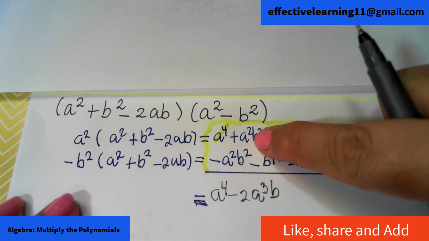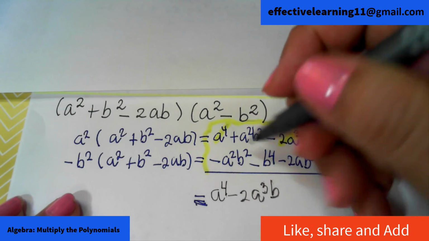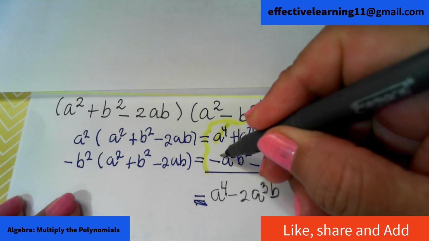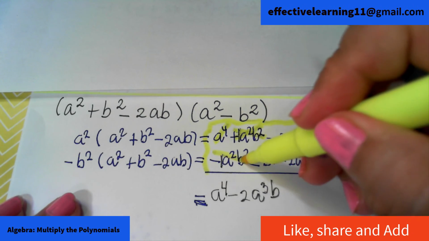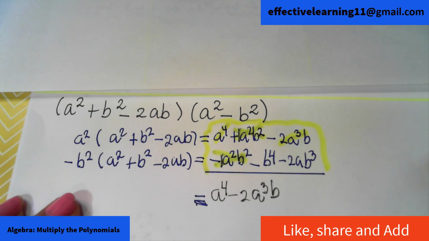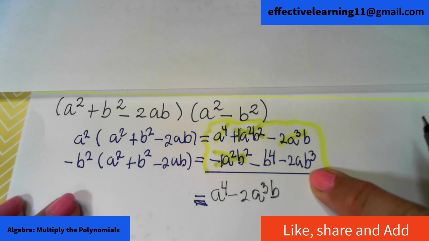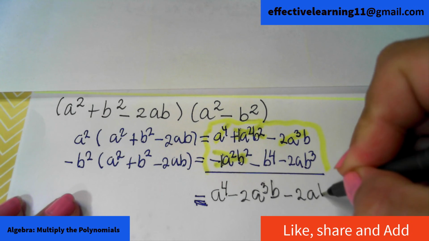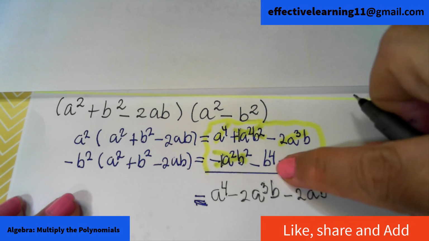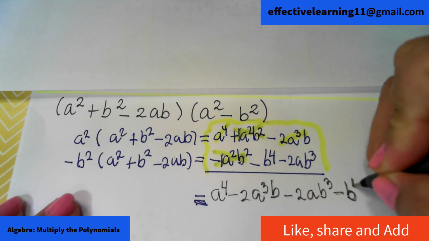Here we have a squared b squared and negative a squared b squared. Remember, plus 1 and negative 1 is 0. When it's 0, you just cancel both of them, you don't need to write down anything. Then we have negative 2ab cubed, and finally negative b with exponent 4.